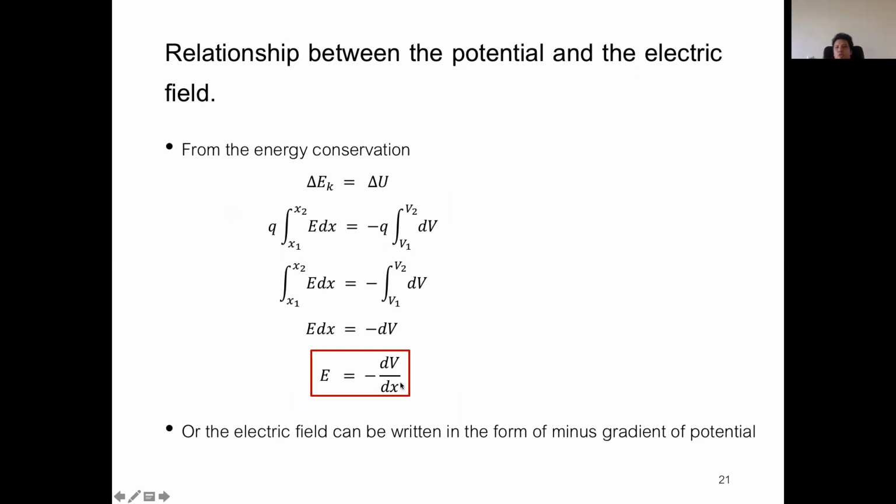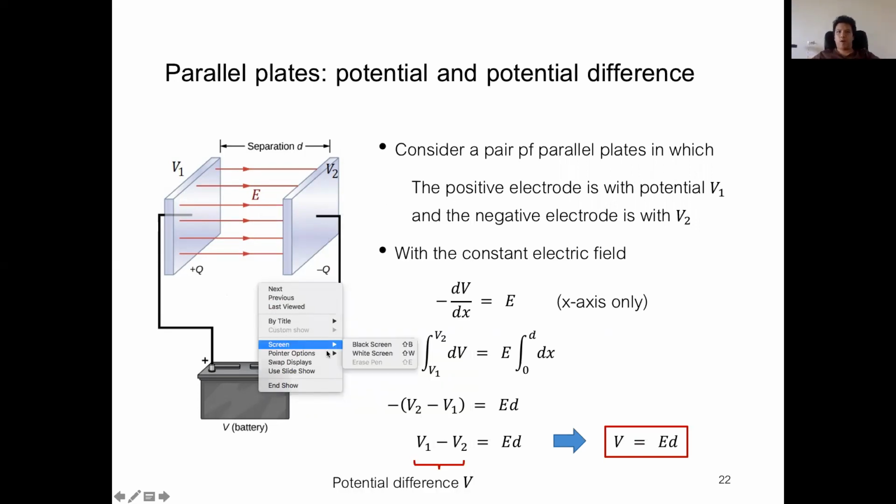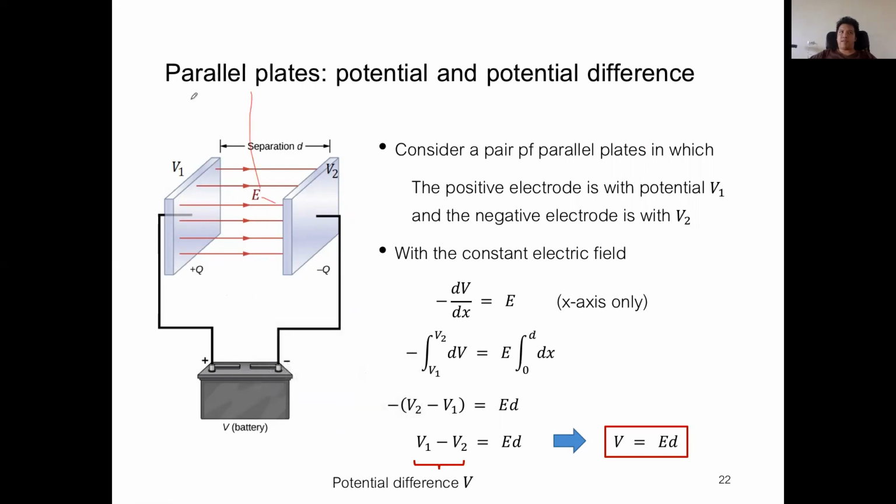Now we consider a special case, the parallel plate. From the last lecture, by Gauss's law, a parallel plate corresponds to a constant electric field.